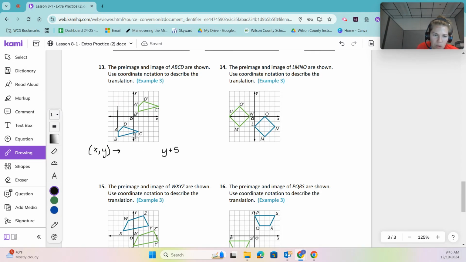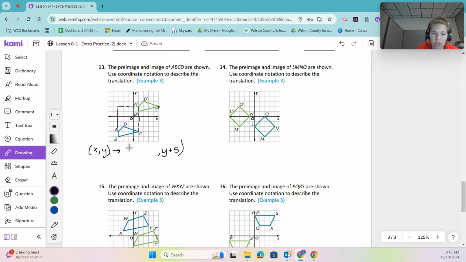Let's double check that with our C here. Does that also go up by 5? 1, 2, 3, 4, 5 to get here. Yes, so that is also 5. So that is correct there. And then we are going over, we are going to the right. So our number is increasing 1, 2, 3, 4.